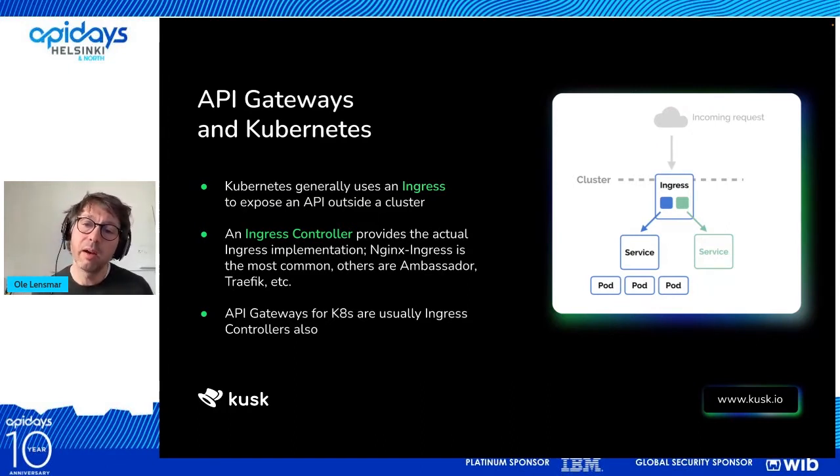Ingress is a resource definition, and then there are a bunch of ingress controllers which implement the ingress standard, and which allow you to expose your API. And there's a bunch of these. Nginx ingress is maybe the most common one. Ambassador, Traefik, Linkerd, Istio. There's service meshes, as we heard in the previous talk, also kind of venture into this area.